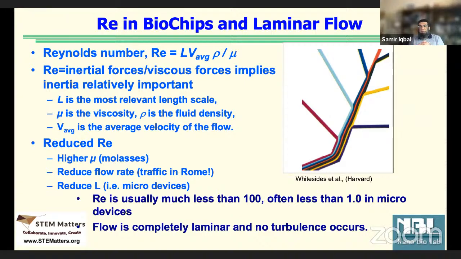The example is, if you heat up molasses, it becomes a very viscous solution. And if you compare it with water, water flows much more easily, but molasses or the molten sugar would flow at a much smaller speed. So that's the kind of thing that happens in microfluidic channels.